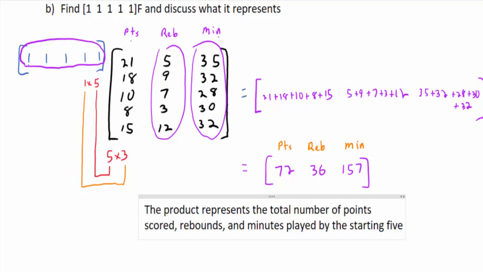This was the F matrix, right? So the first game, in the first game. The product represents the total number of points scored, rebounds, and minutes played by the starting 5 in the first game. Yeah?